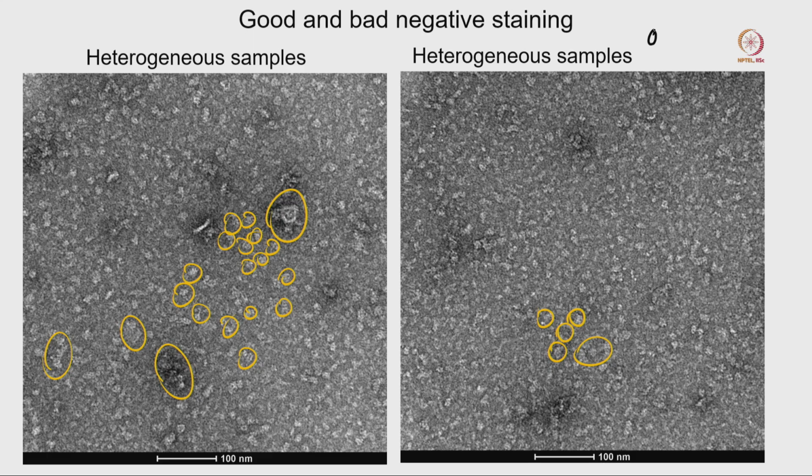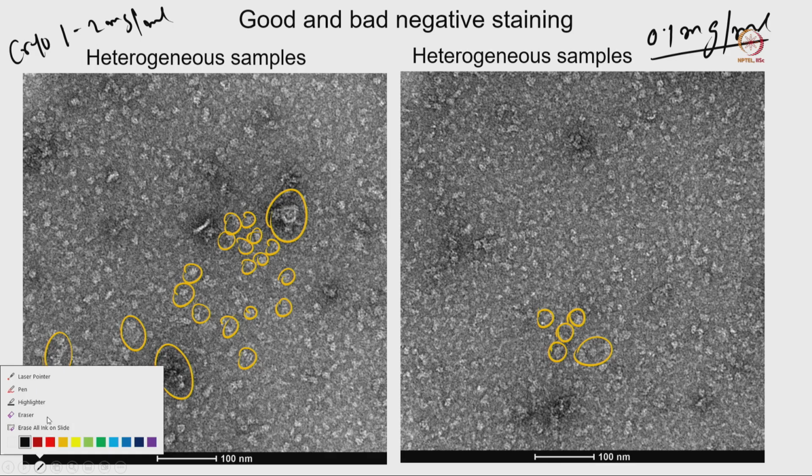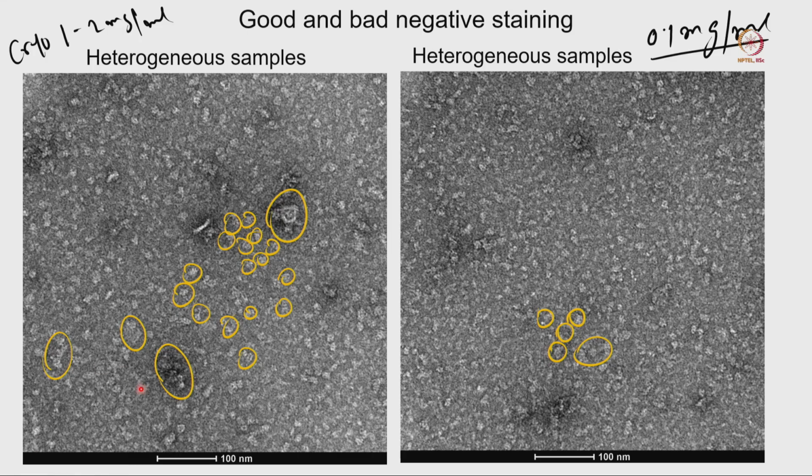Generally we use 0.01 mg per ml concentration, and for cryo I mentioned that 1 to 2 mg per ml will be better. So if the concentration is very high, your protein molecules will stay very closely packed with each other.